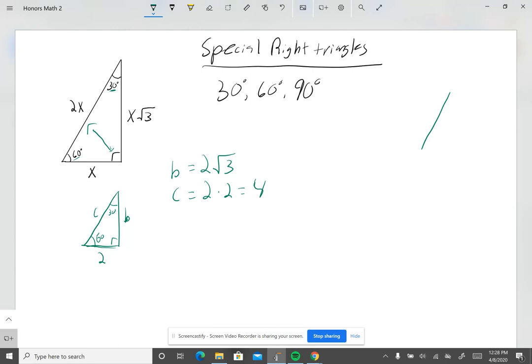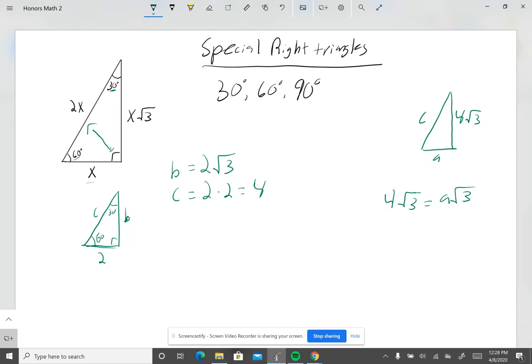So let's take a look at an example like this. Maybe we know that this one is 4 square roots of 3. And we don't know, let's call these A and C. We don't know A or C. Okay, how could we figure out what the shortest side is? Well, if we know the medium side, 4 square roots of 3, is equal to the shortest side, A times the square root of 3, right?